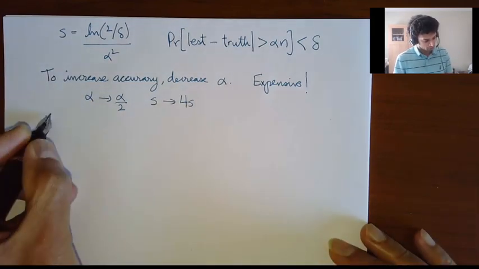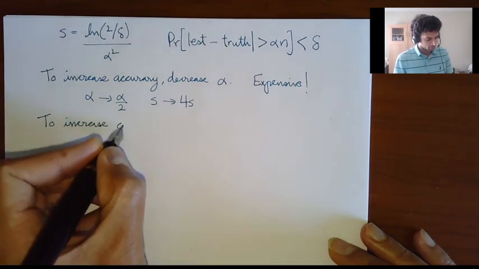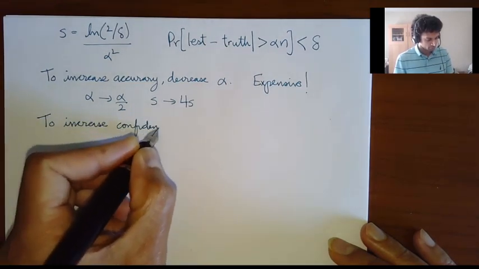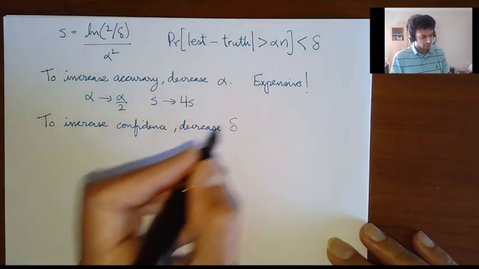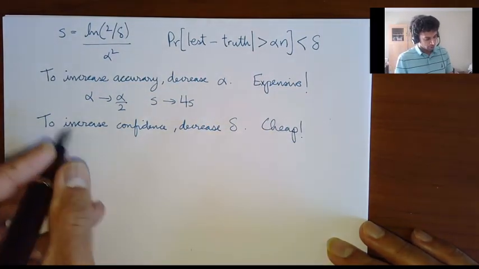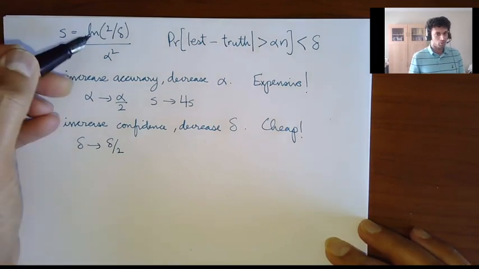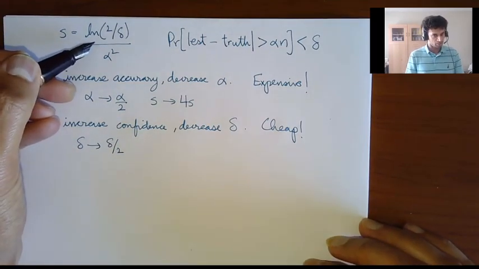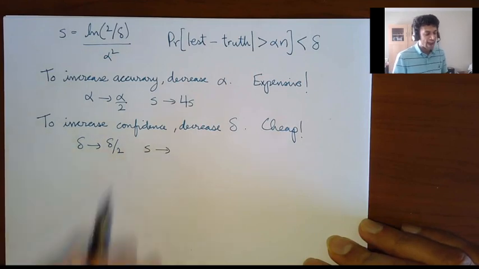But on the other hand, to increase confidence, you will decrease delta, and that's cheap, because when delta goes to delta divided by 2, because you have a logarithmic dependence here, the increase is only additive.